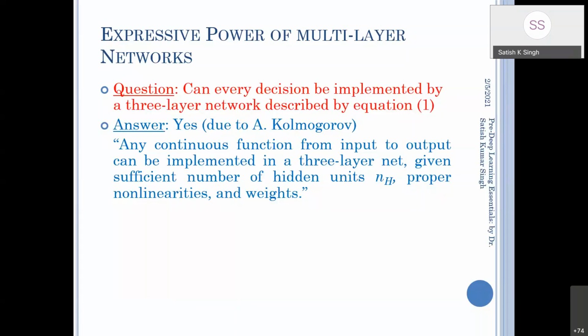Got it? If we can do this, it is quite possible. It means these multi-layer neural networks are quite expressive, provided a large or sufficient number of hidden units, nonlinearities, and weights are selected. It means everything is possible with the help of only a 3-layer neural network.